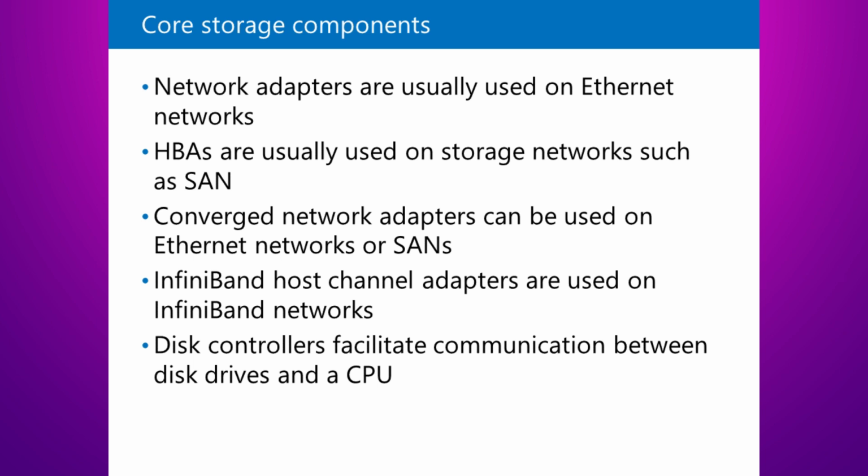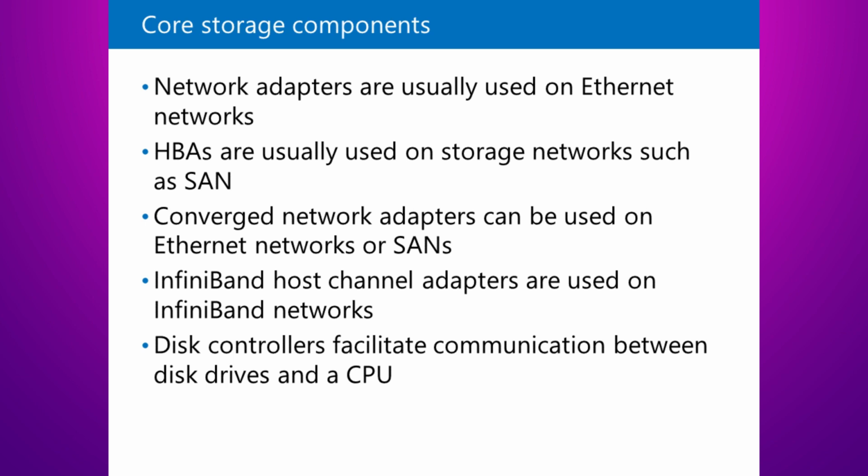HBAs. Similar to network adapters, HBAs are made of microchips and physical ports that can be embedded on a motherboard or on an expansion card. However, unlike network adapters, HBAs provide connectivity to a SAN. HBAs are more expensive than network adapters, although they are not the most expensive storage connectivity solution. Fibre Channel HBAs are uniquely identified on a Fibre Channel network by a worldwide name, WWN.